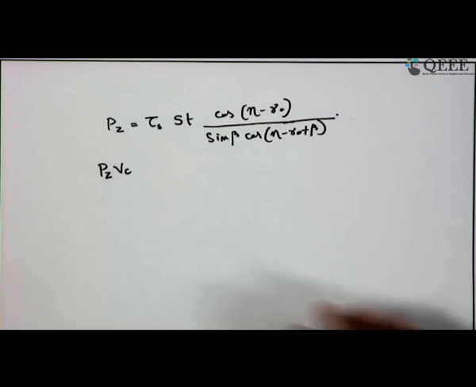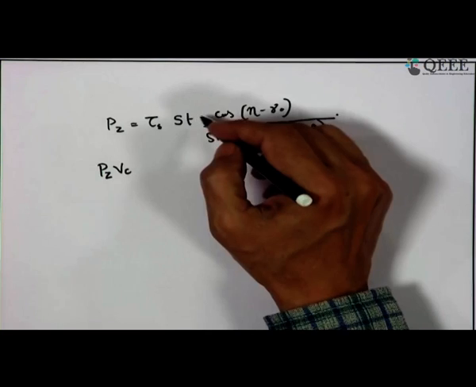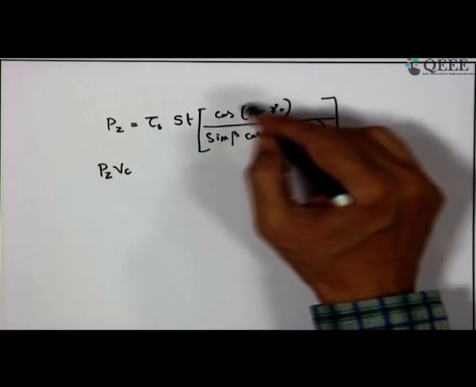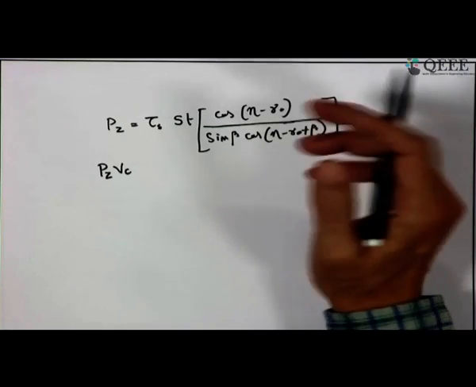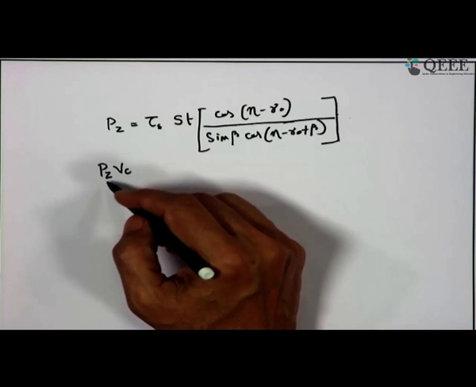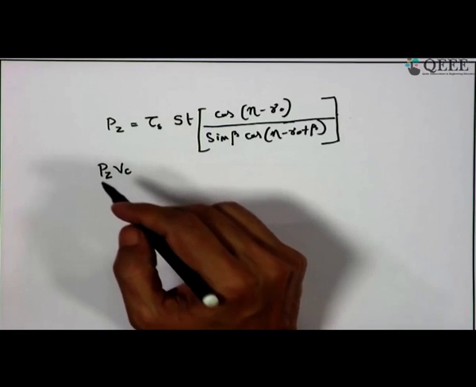The objective here is to find a pragmatic way of getting an expression which will be very handy to use. So the idea is Pz minimum.